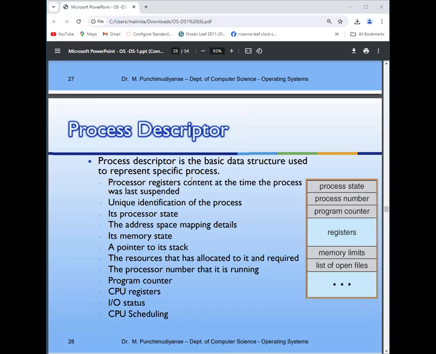Address space means that when a process runs, its data is stored in the memory, in different places, and in the hard disk as well. Those different addresses have to be stored in the process control block. Then its memory state, how much memory is allocated, and the pointer to its stack.